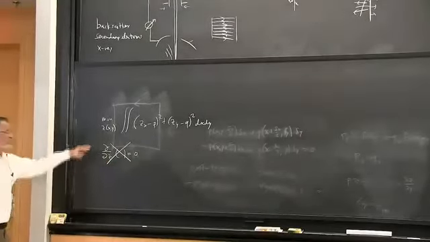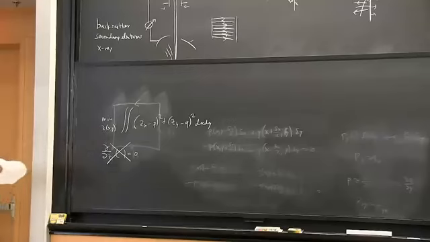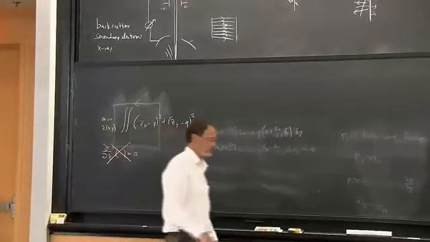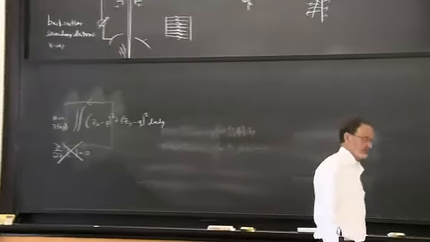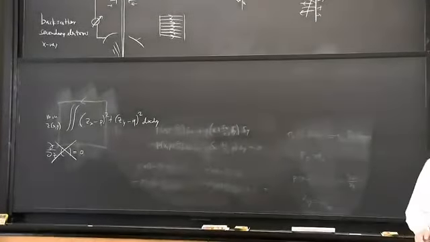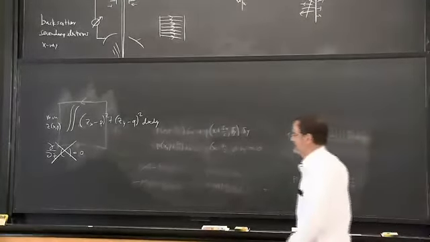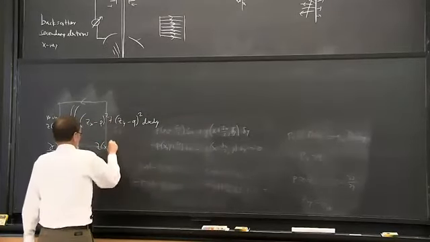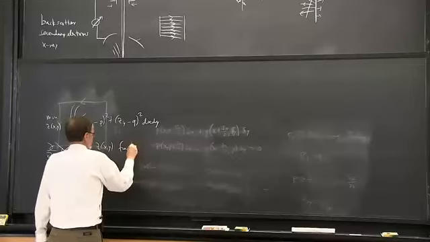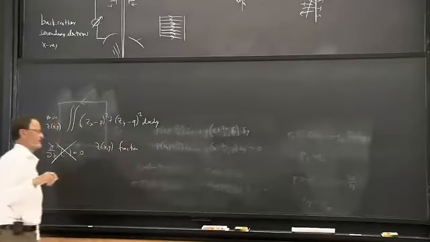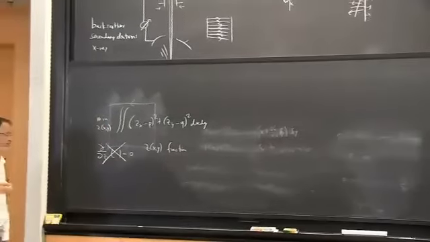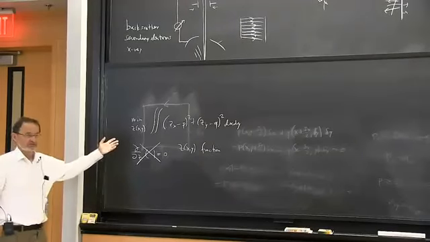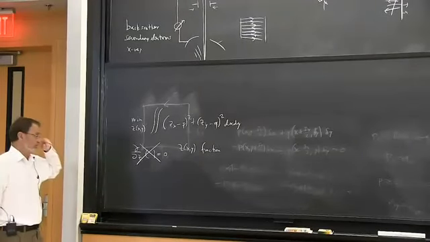If we had a finite number of knobs we could turn, parameters, variables, then we just differentiate with respect to each of them and set the result equal to 0, and we're done. That's what we've been doing. Unfortunately, z here is a function. And so there's no sensible way of talking about the derivative with respect to a function. It has not a finite number of degrees of freedom. It has an infinite number of degrees of freedom.